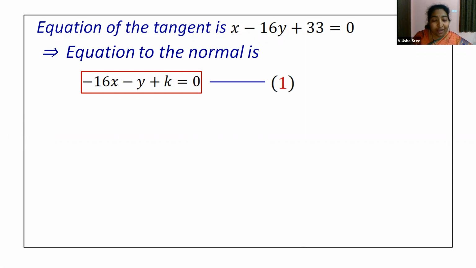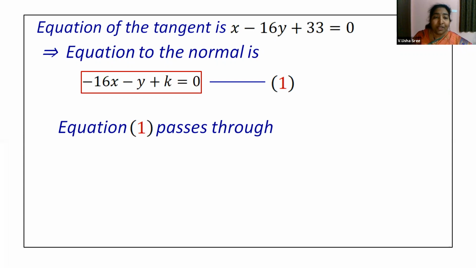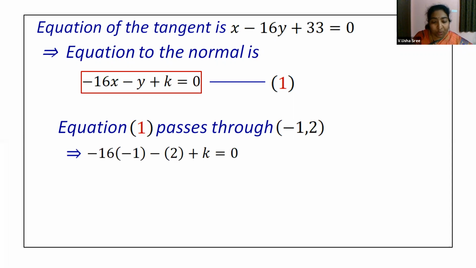Got it, children? Now, this equation is passing through the point minus 1 comma 2. That means when you substitute in this equation, it should satisfy. When it is satisfying, it will be very convenient for you to calculate the value of k. Now, minus 16 into minus 1 minus 2 plus k equal to 0.